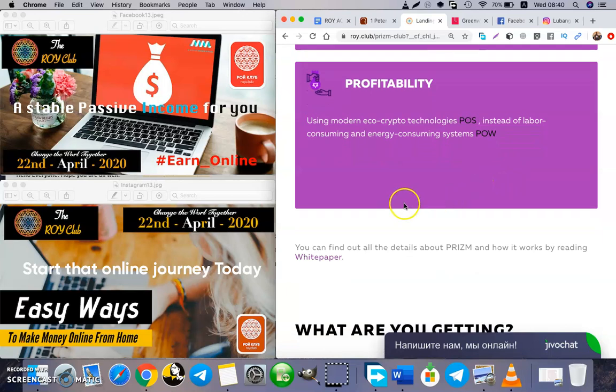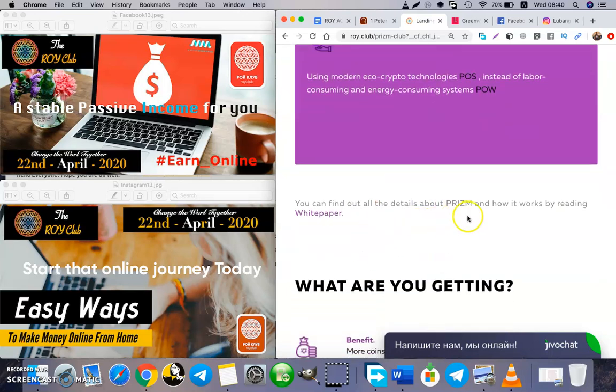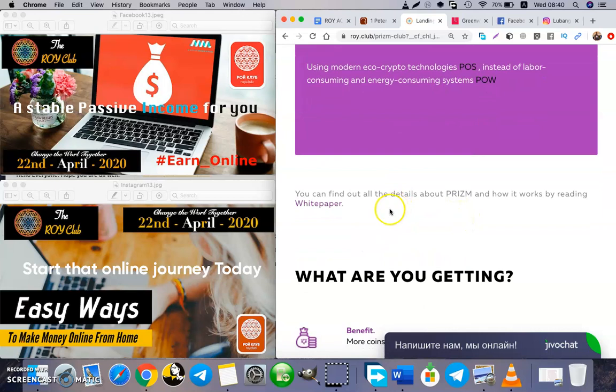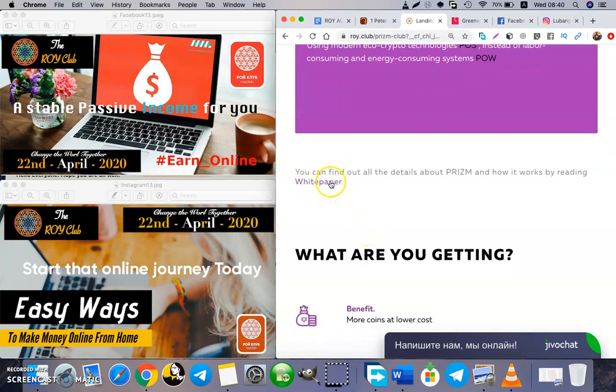Okay, so you can find all the other details about PRIZM within their white paper. So a white paper is basically like the full description. Like if you want to know the inner workings of everything, how the encryption works and everything, all that is detailed within the white paper, and we can always find that on the website and download that.